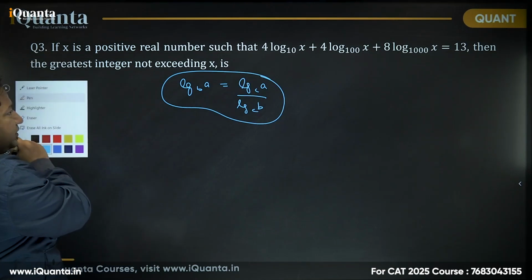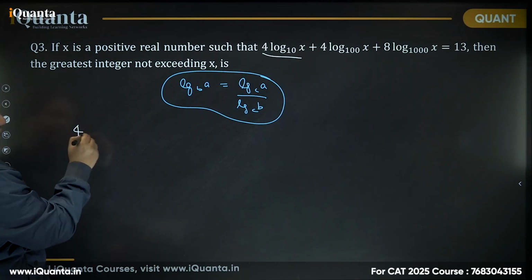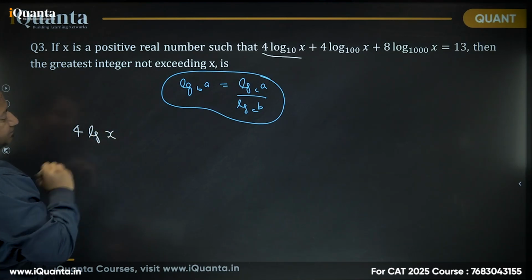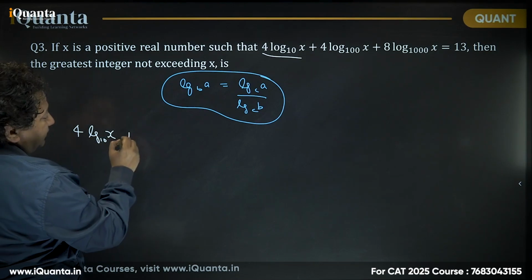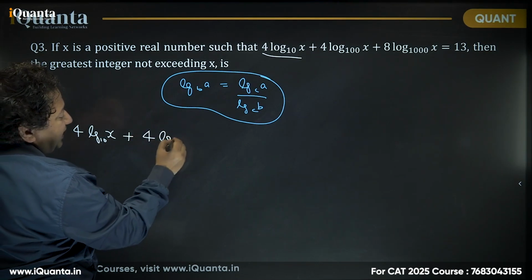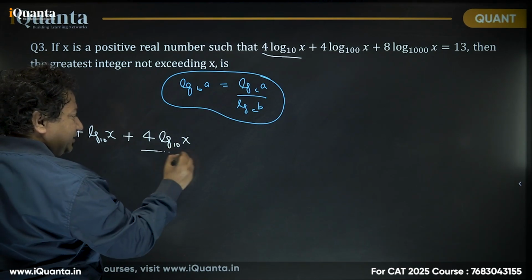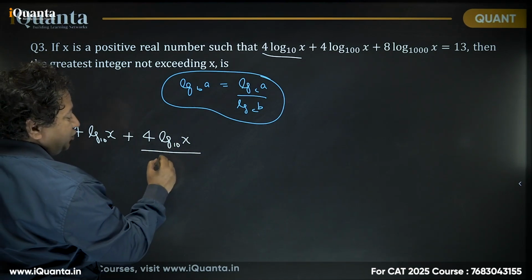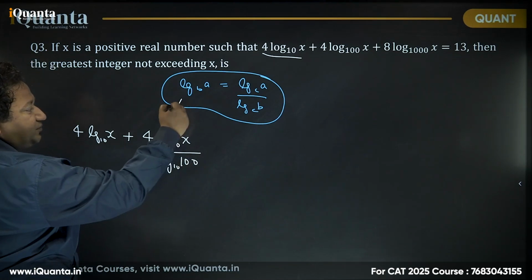I'll tell you how. So here it is 4 log x base 10. Next one, 4 log x base 100. So what if I make it base 10 and then divide this by log 100 base 10 from change of base formula.